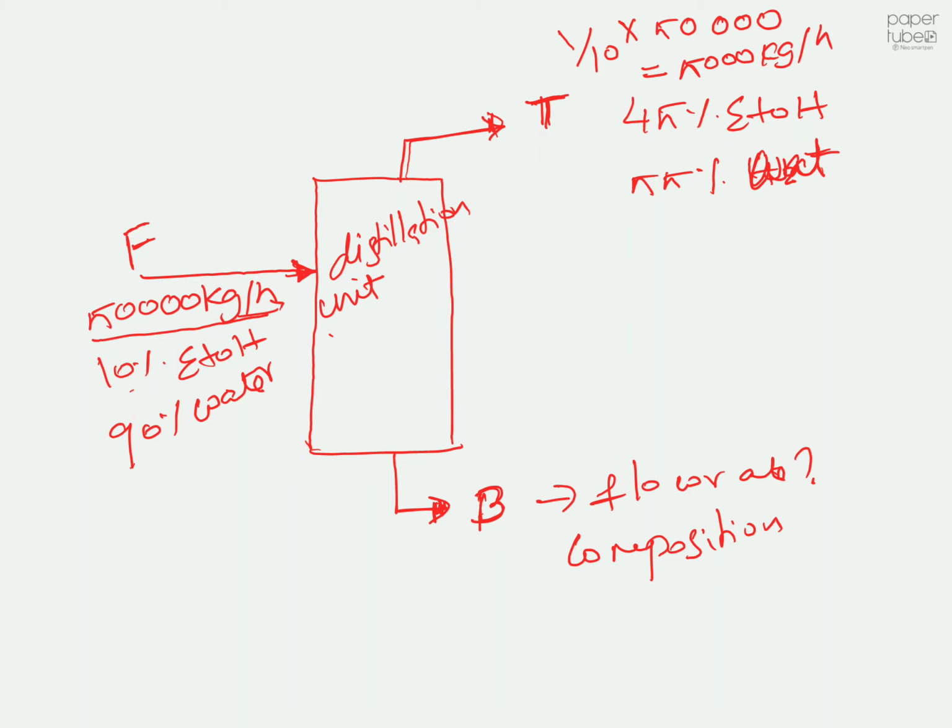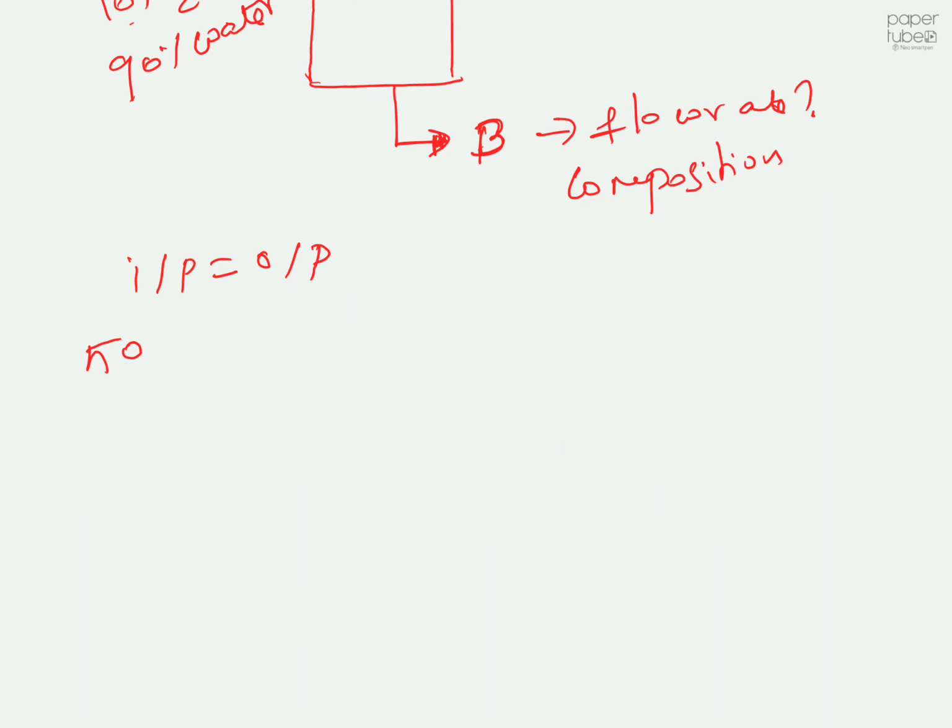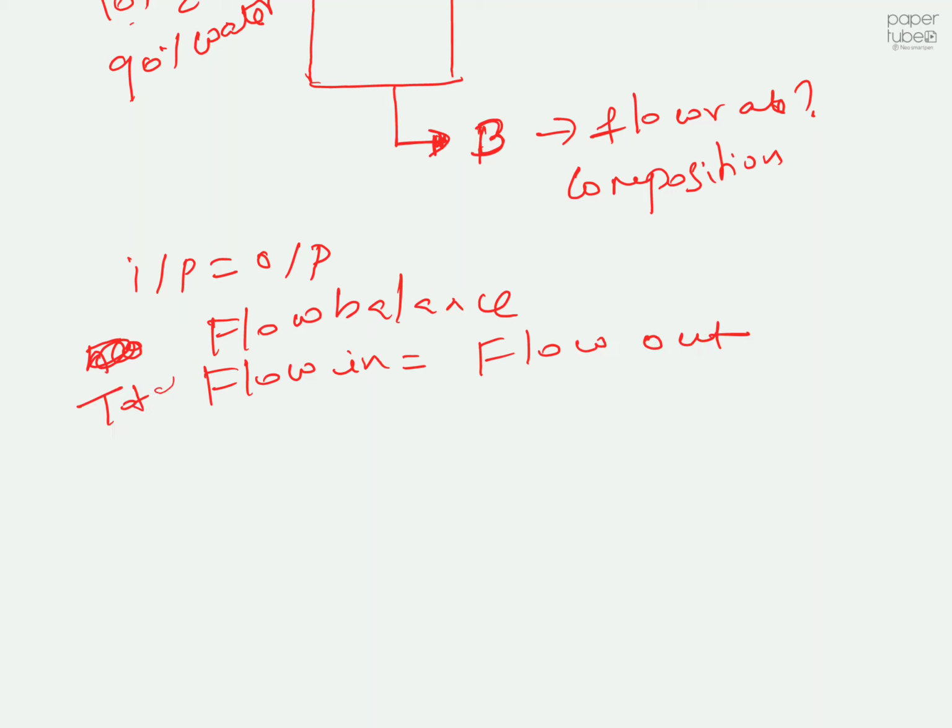So now we can calculate the flow rate of your bottom. I said input must be equal to output. We can call it a flow balance: flow rate in should be equal to flow rate out, or total flow in should be equal to total flow out. Total flow in is 50,000 kilograms per hour, and that should be equal to flow in the top plus flow in the bottom.